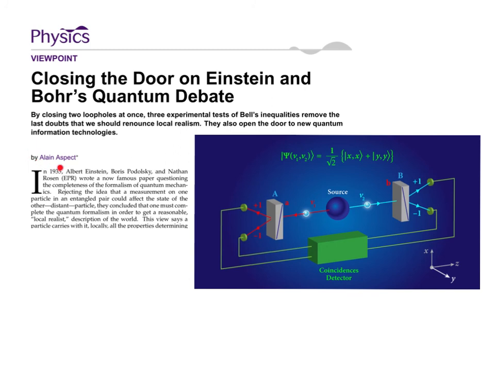And Aspect and a whole generation of people have made careers out of refining these measurements and trying to really nail down conclusively the fact that hidden variable theories are not consistent with the observable world and that quantum mechanics is. So there has been a whole series over the decades of experiments trying to close these so-called loopholes. People can concoct all sorts of almost conspiracy theories about how hidden variable theories might still be viable, so you have to work very hard experimentally to rule out all the possible loopholes.